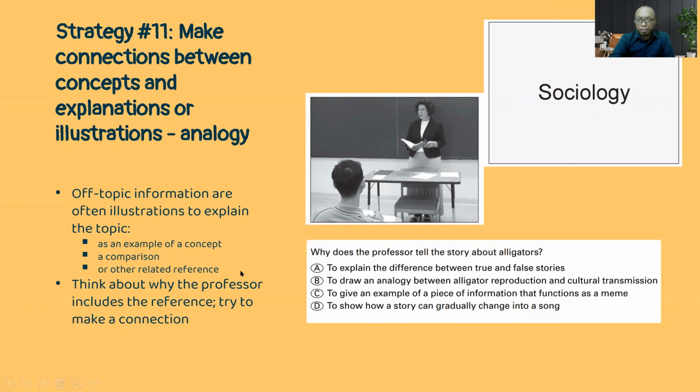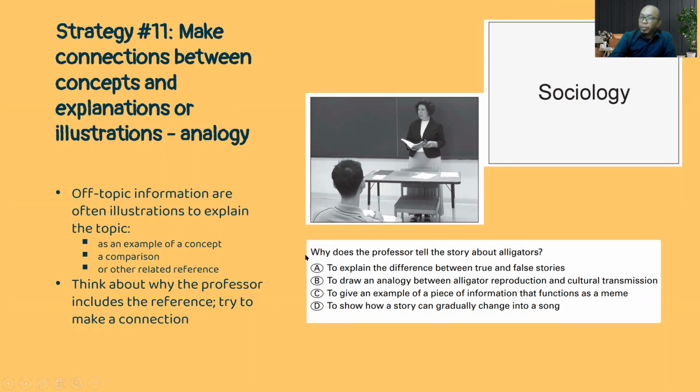Now, think about why the professor includes the reference and try to make a connection. For example, the professor is talking about, say, a sociology topic, but he then uses an analogy of alligators.